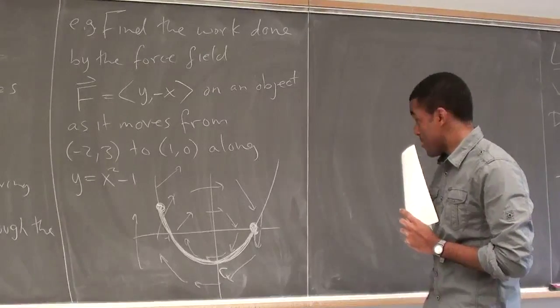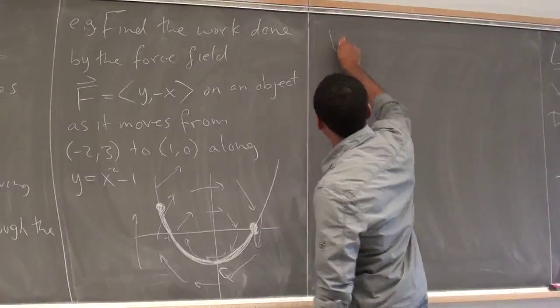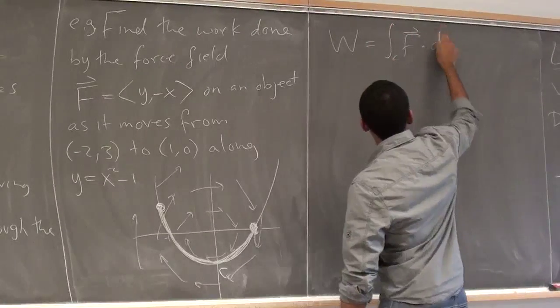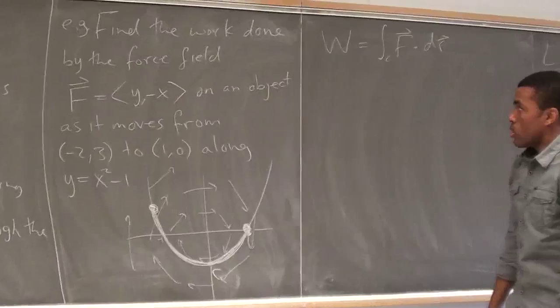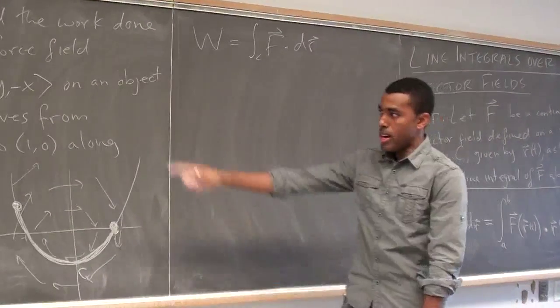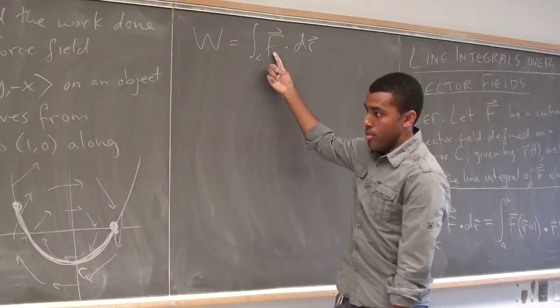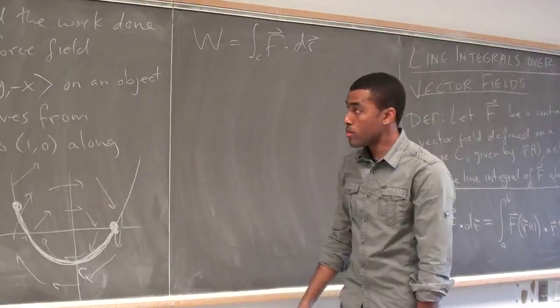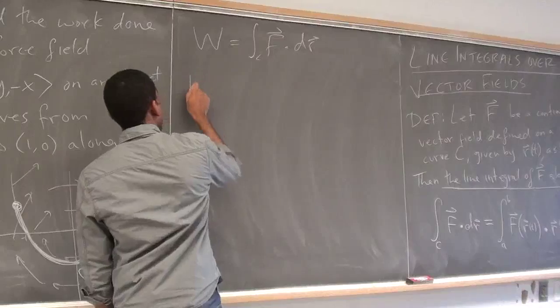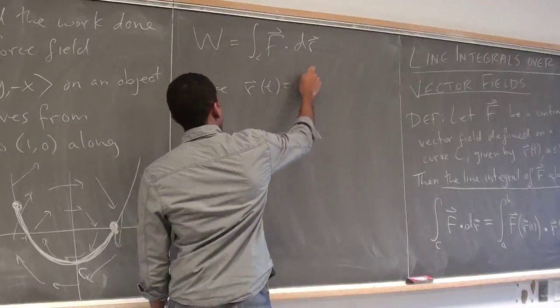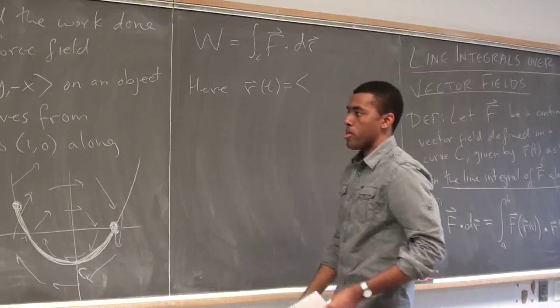So we know that work equals the integral along C of F dot dr. What are we going to need to do? We're going to find the r, differentiate the r, plug in the F, and integrate. So here, r(t) equals... How would I parameterize this?